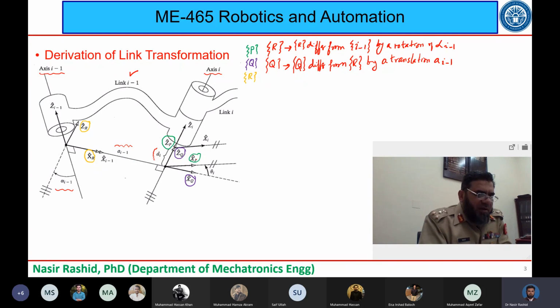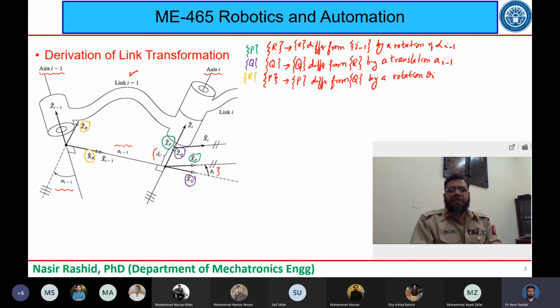So frame P differs from frame Q by a rotation theta I. So let me just write it down here that for P, I have that P differs from Q by a rotation theta I.